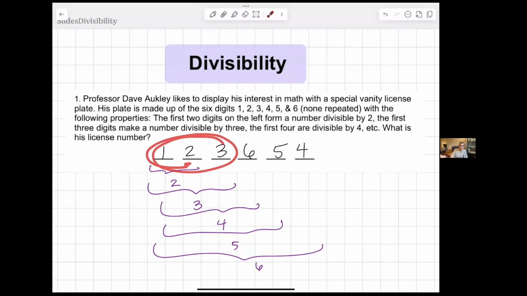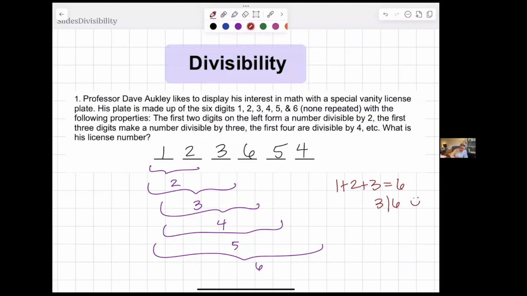The sum of the digits is divisible by 3, right? So that would mean that 1 plus 2 plus 3, this number should be divisible by 3. We can check it off to the side. So 1 plus 2 plus 3 is 6, and 3 divides 6 just fine, right? So we have this is divisible by 2, this is divisible by 3.